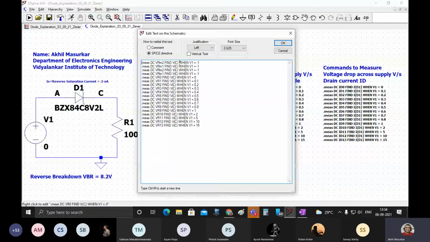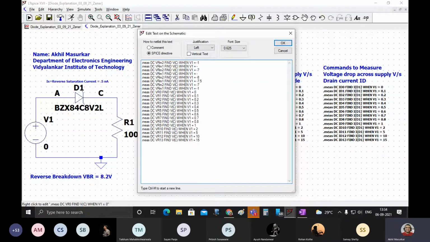I want -1, then I'll take -2, then -3, then -4, then -5, then -6, then we can go directly to -7, then -7.5, then -8, then -8.1, then -8.2, then -8.3, then -8.4.